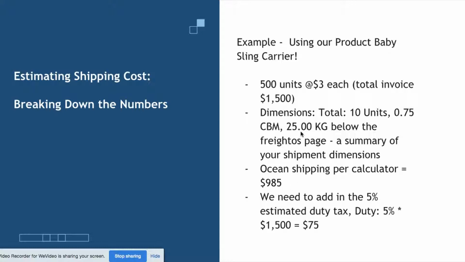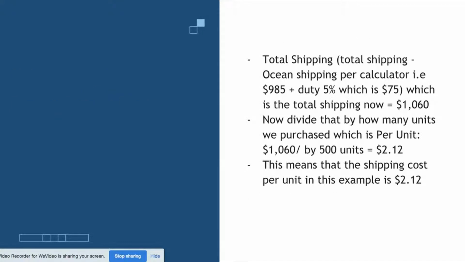Okay, so now, if it's 985, we need to add the 5% estimated duty tax. So 5% times 1,500, you literally get $75, right? Now we want to get the total shipping. So the total shipping, which is the ocean shipping of 985, this is what Freightos has told us, plus the duty fee, which was $75.